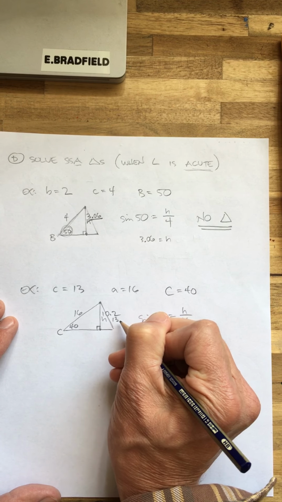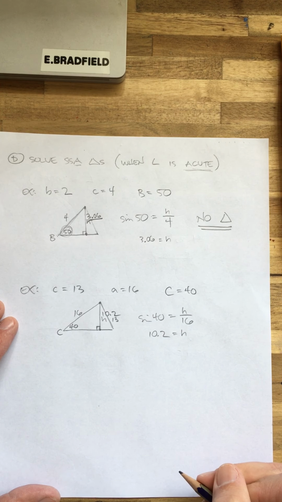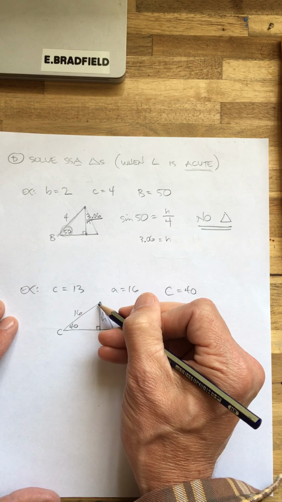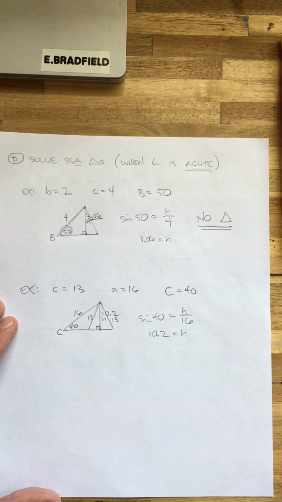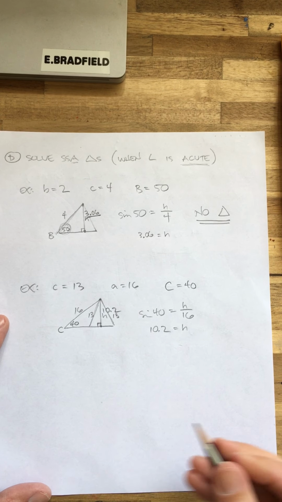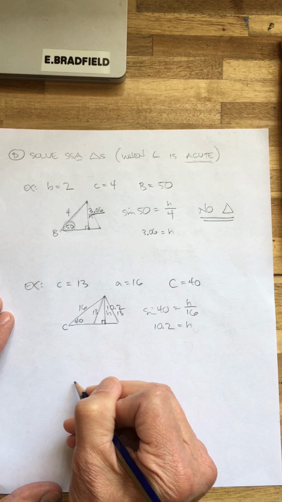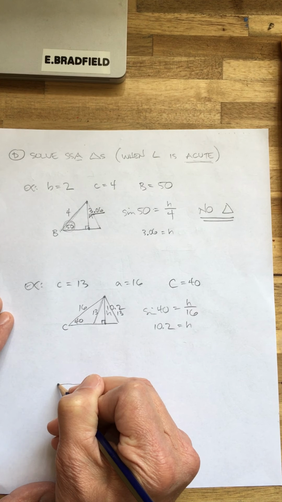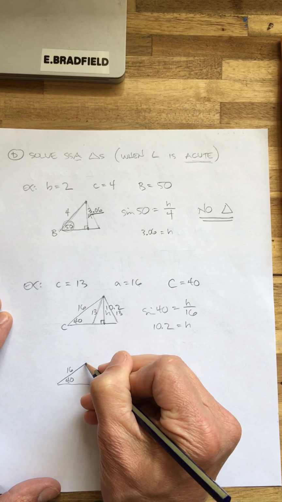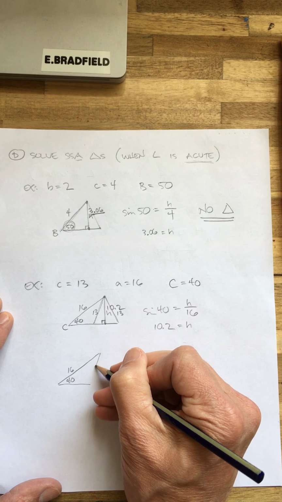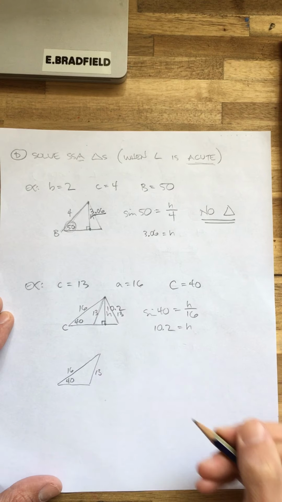This guy is 13. It will fit, but there's a problem. Notice this guy right here. Couldn't I also draw a line this way and get a 13 there? Okay, so look what I have. I have two triangles. I have a triangle here that's 40 degrees right here and 16 units there, and then 13 units here.